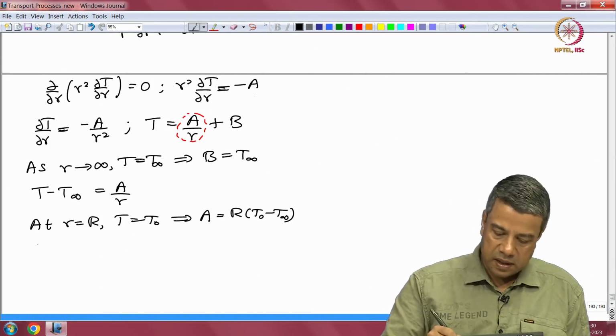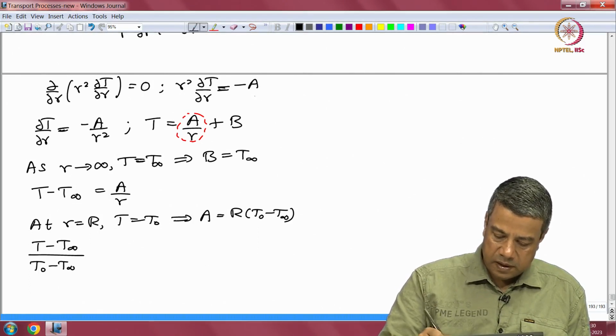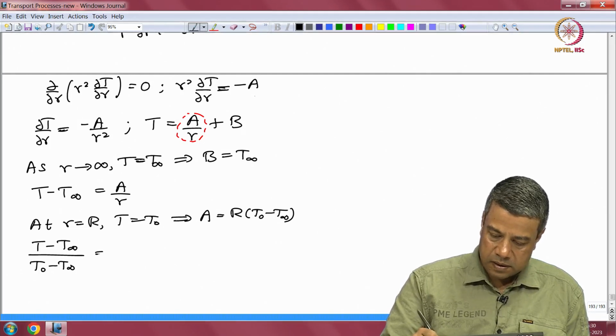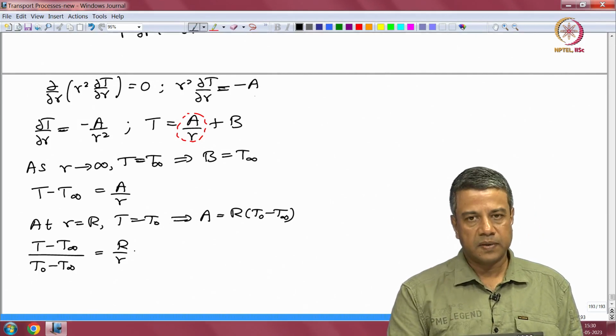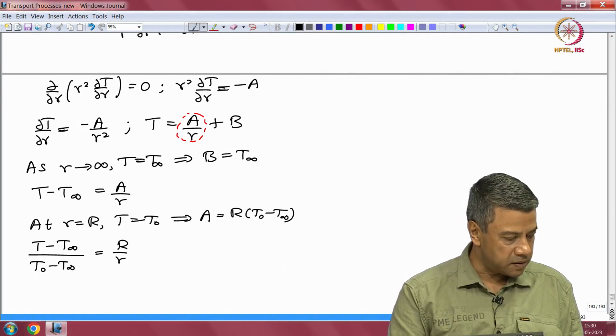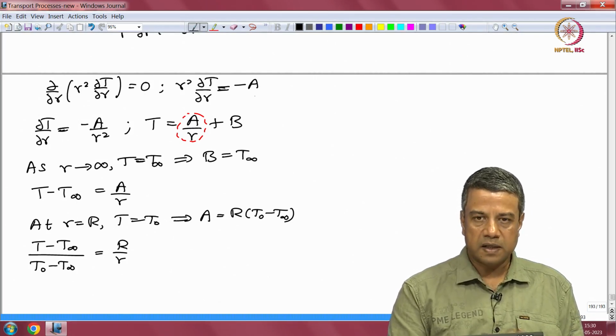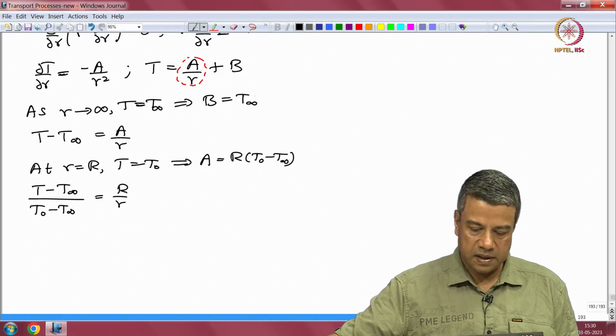So, the equation that I get for the temperature is T minus T infinity by T naught minus T infinity is equal to R by r. As r goes to infinity, T is equal to T infinity, and at r equal to R, T is equal to T naught. You can write this in compact form by defining scaled variables.